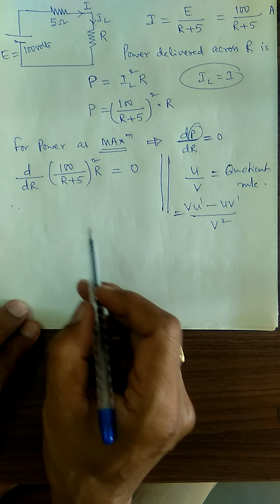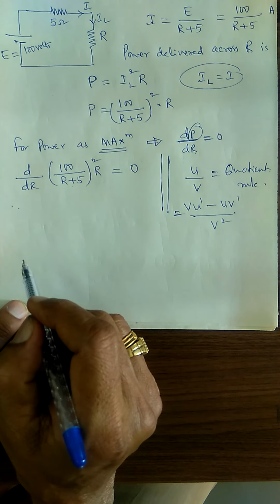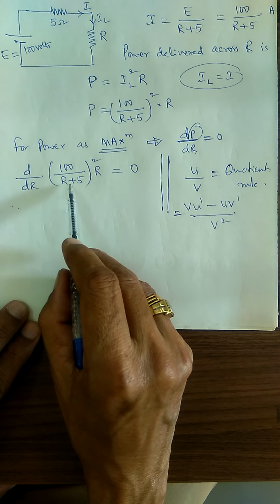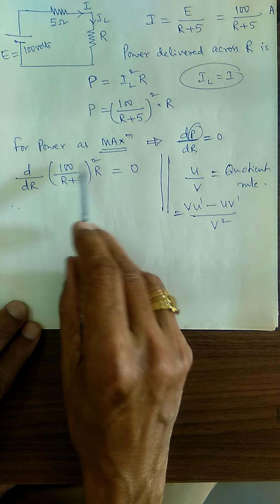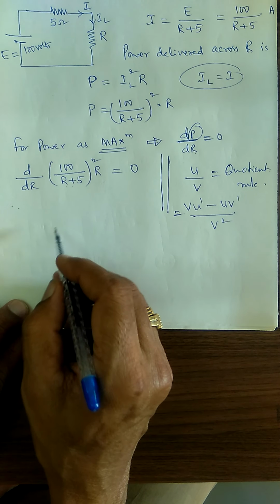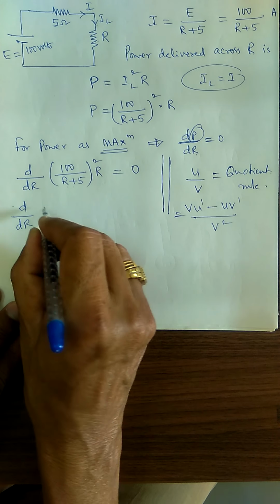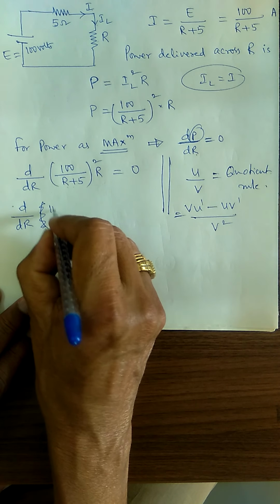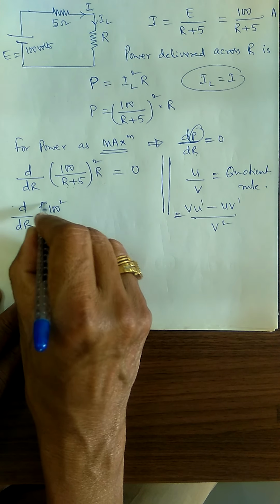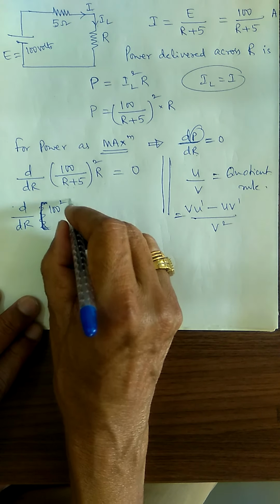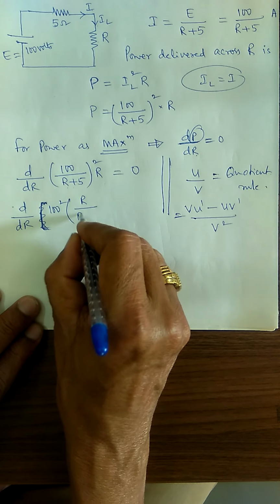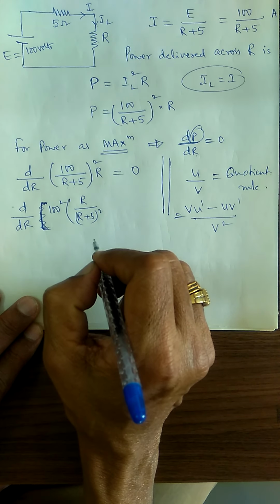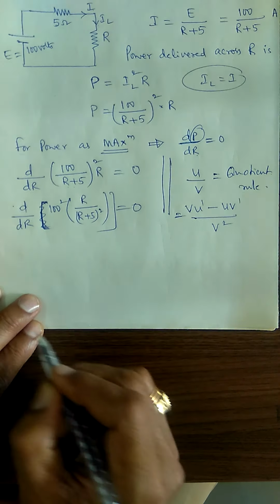I can write d by dr of 100 square, where 100 is a constant, into r divided by (5 plus r) whole square. That value must be equal to 0.